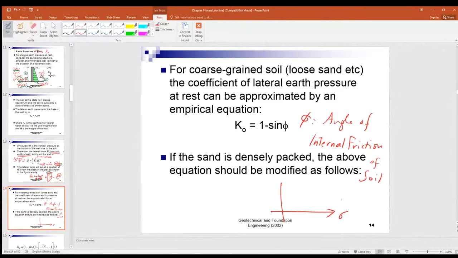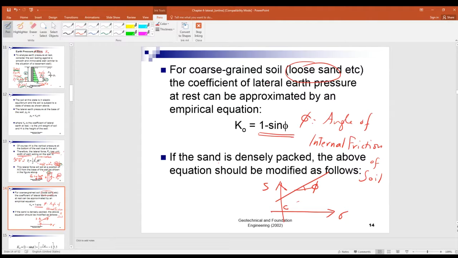You have the sigma, and you have the shear strength. So that is the C, and that is the angle of internal friction. For this soil, you got phi, so the K naught is given by 1 minus sine phi. But here, the equation applies to loose sand.